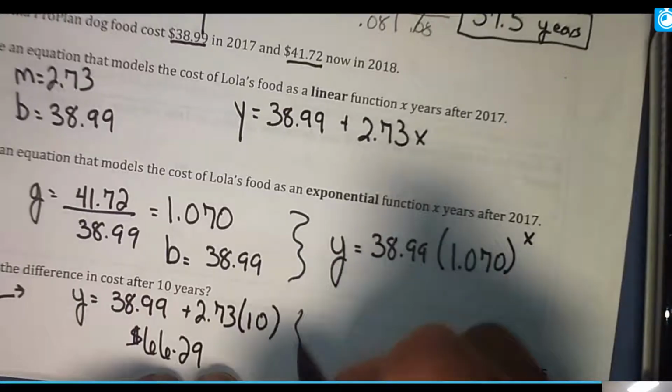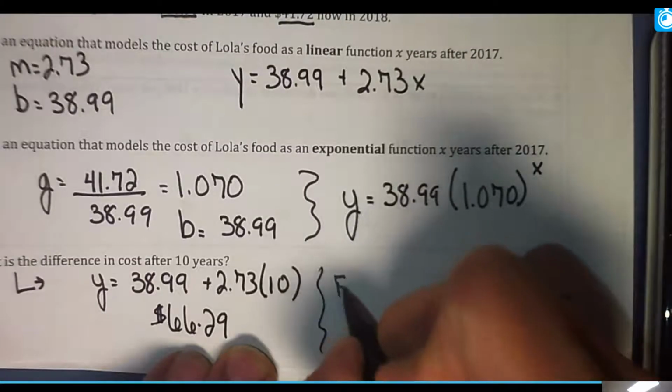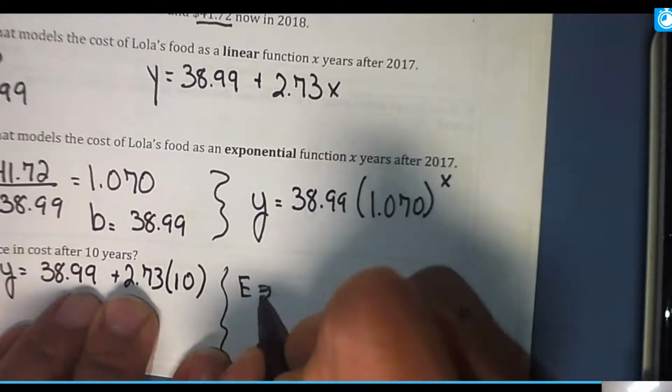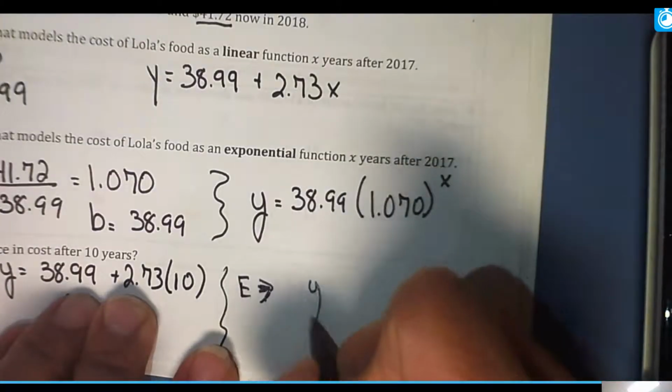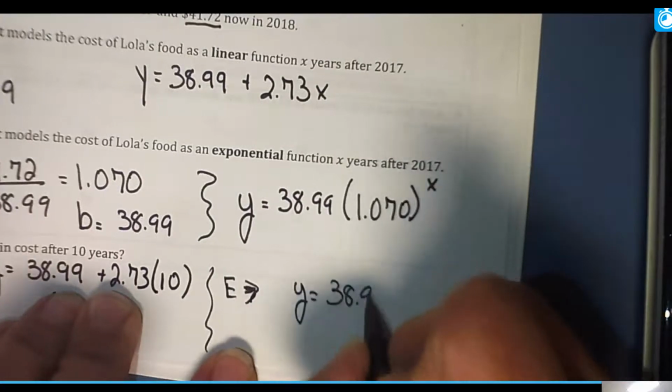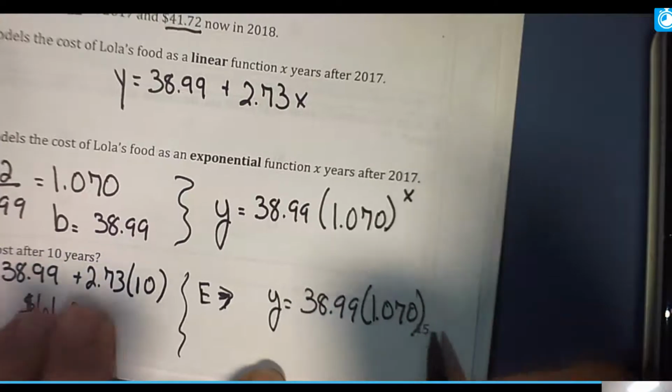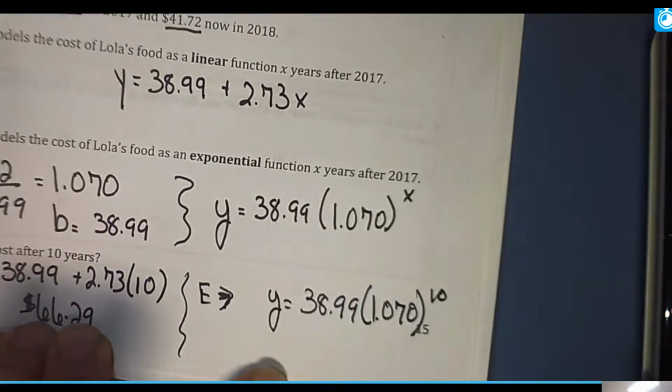Then if I do the exponential version of it, again, I'll put my time in for X to get my new amount. So to get my new amount, $38.99, 1.070, and again, in 10 years, 10 will be the exponent.